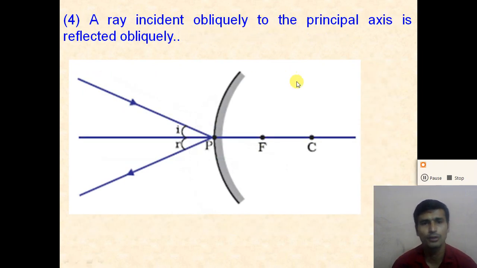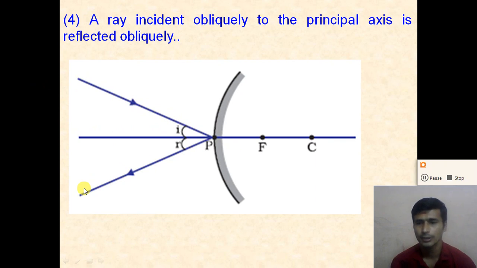Now rule number 4. When a ray of light is incident obliquely at any angle to the principal axis, with angle of incidence i, the ray of light is reflected at the same angle, right?